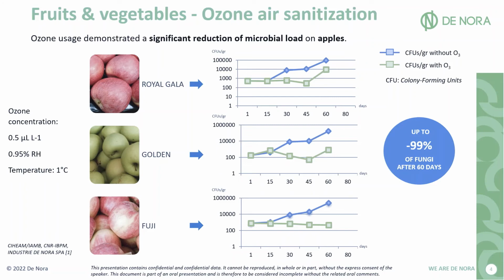We ended the test after 2 months, but surely the fungi level will be lower when you use ozone. This means that if you have fewer fungi, you also have less mycotoxin, because some fungi, such as Aspergillus and other kinds, produce mycotoxin, and you can find this mycotoxin on the products.